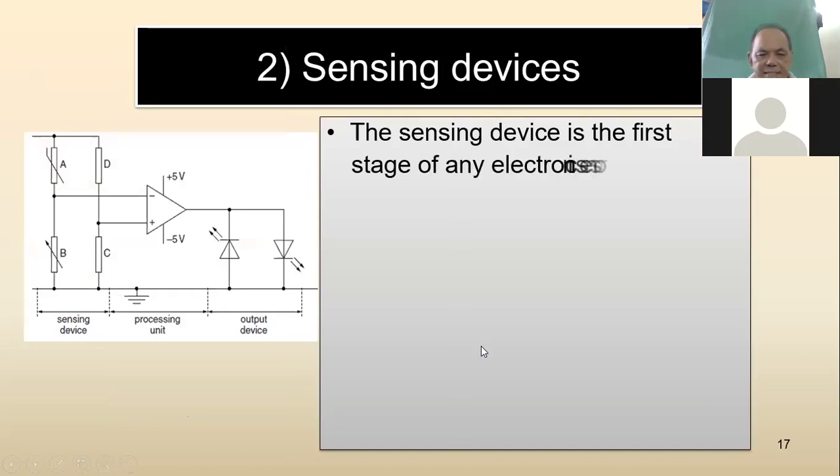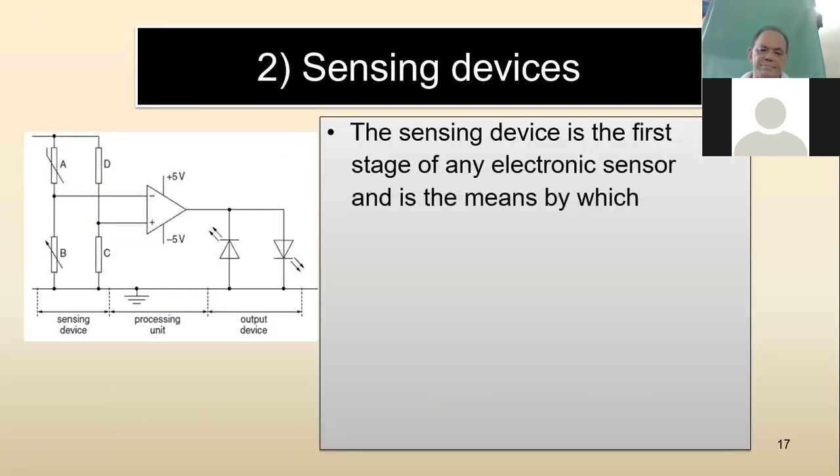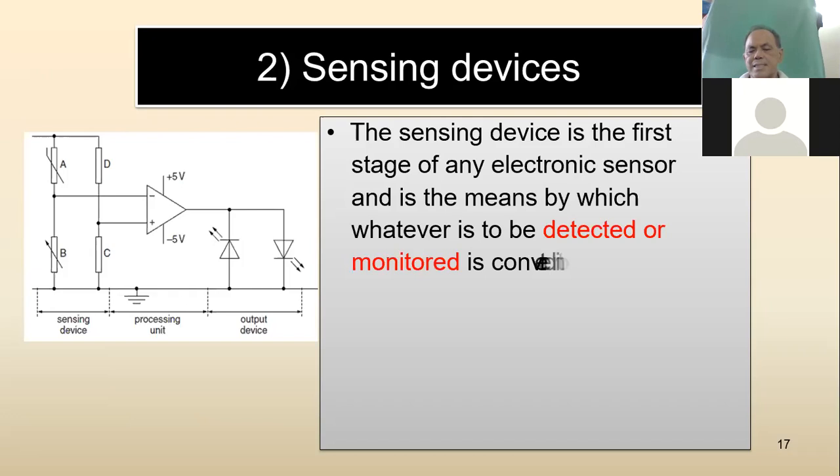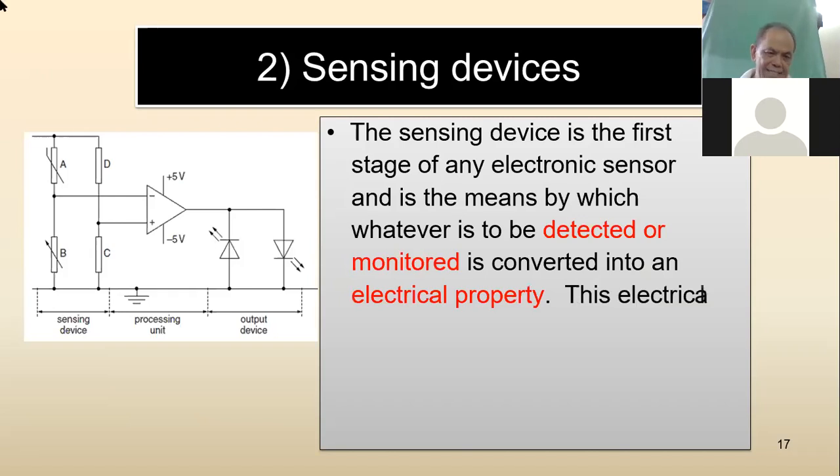So always remember the sensing device is the first stage of any electronic sensor and is the means by which whatever is to be detected or monitored is converted into electrical property. In this case, the change in the environment temperature changes the resistance, that's the electrical property.